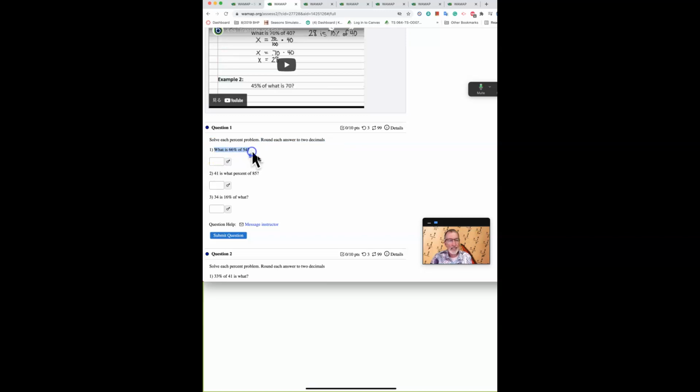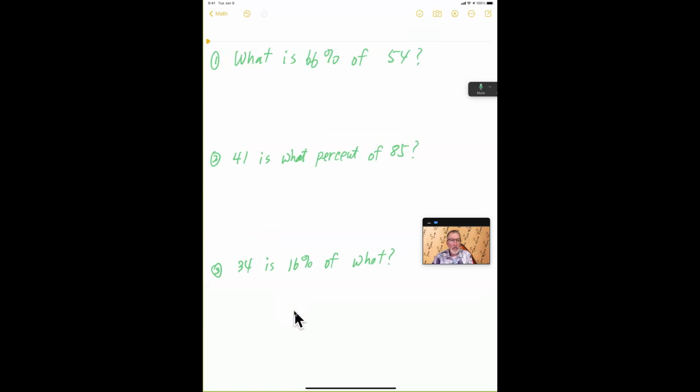What is 66% of 54? So there are quite a few words we can use, like, for example, what. We're just going to use that word for X. Let's go to the tablet. What is 66% of 54? So what is the same as X?